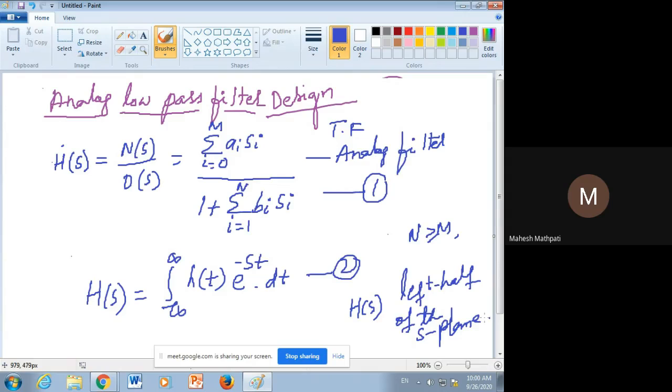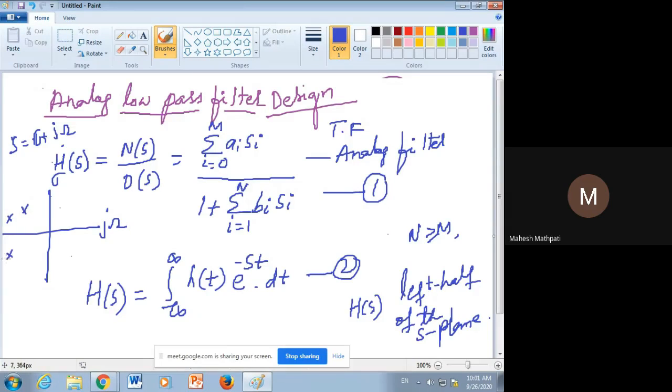What is the s plane and all these things? Suppose this is the plane we are having, right? We call it the s plane. So s equals sigma plus j omega, right? If we have the values like sigma and this j omega term, now all the poles should be located on the left side.